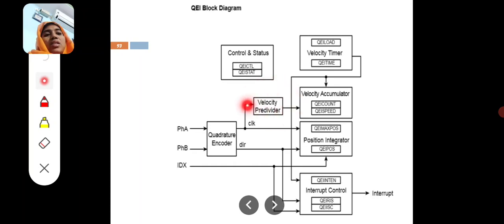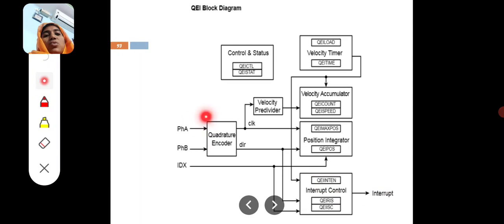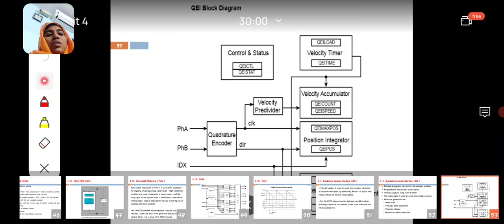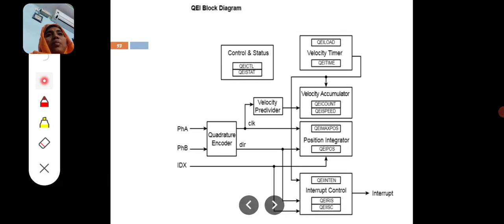This is the velocity pre-divider. The signals come from the quadrature encoder, which has two signals, phase A and phase B, connected to the velocity accumulator. It accumulates the signals coming from the timer and the pre-divider, and it controls the motor speed. With the help of QEI and PWM, we can control the speed of the motor.